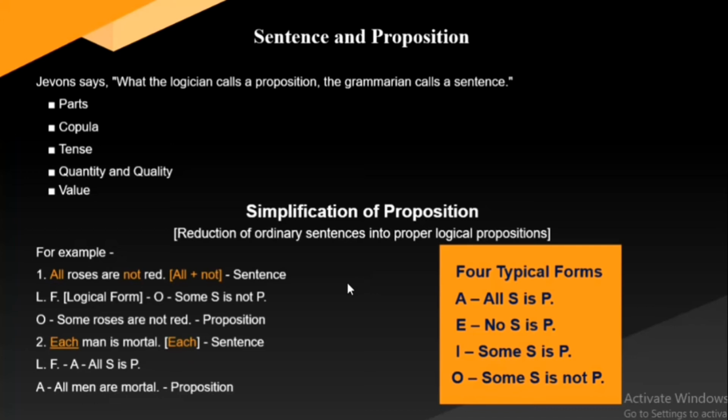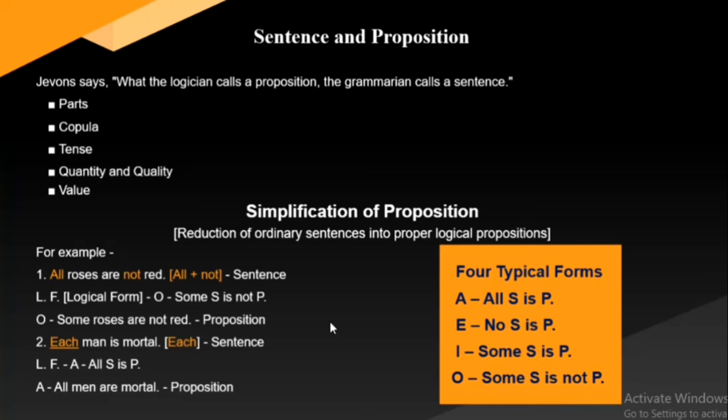So all roses are not red cannot be treated as a proper logical proposition, or all S is not P cannot be treated as a proper logical form. The sentence all roses are not red means that some roses are not red, that is some S is not P.